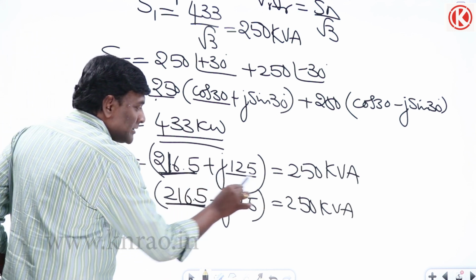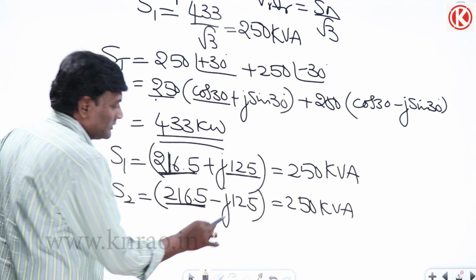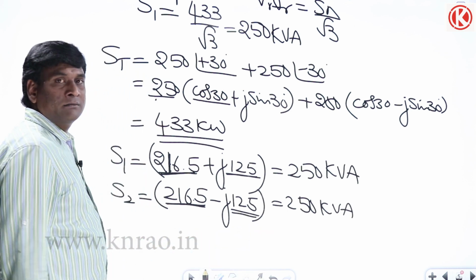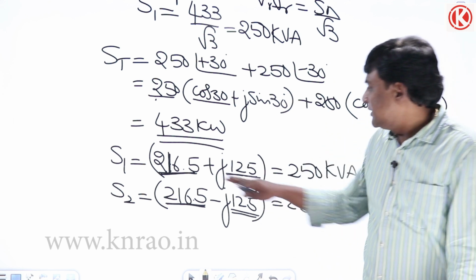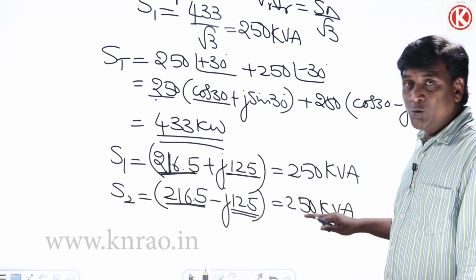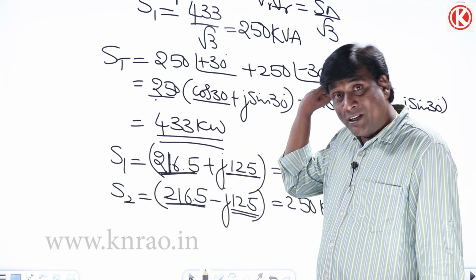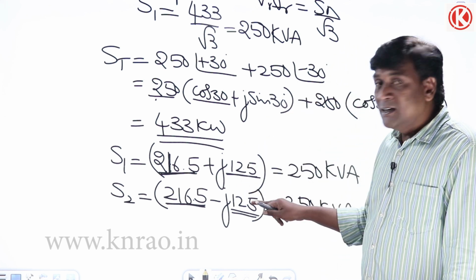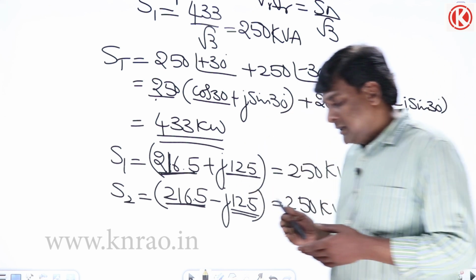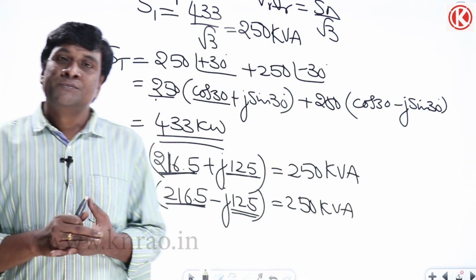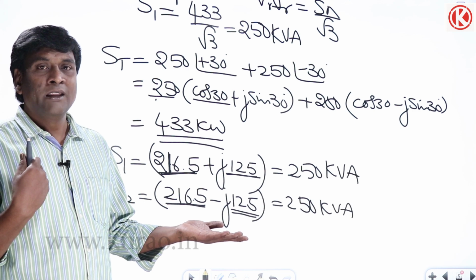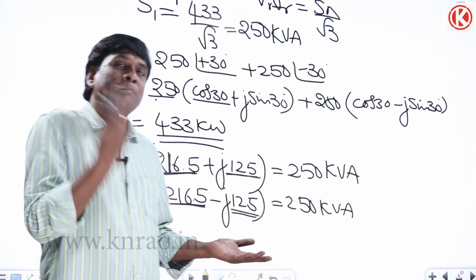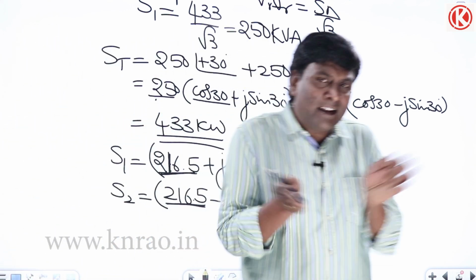But the first transformer is supplying reactive power, and the second transformer is absorbing reactive power. That's why net output kVA is reduced. So it is operating at 250, but the active power output requirement is active power only. Inside one transformer, if you see the voltage current settings, one transformer current is leading, another transformer current is lagging, such that one transformer is supplying reactive power and another is absorbing. Internally this is happening.